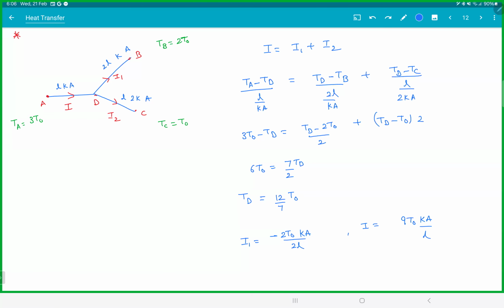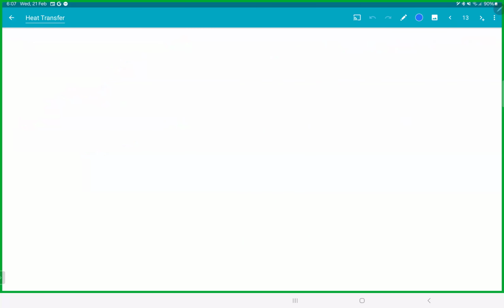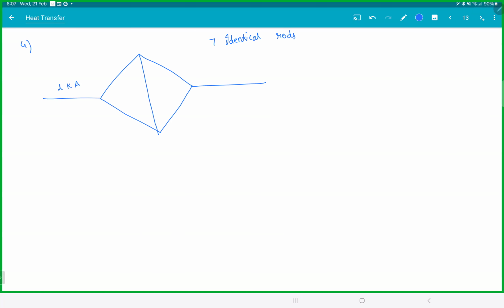Let's see one more. So we have 7 identical rods. All rods are length L, K, and A. This is A. Temperature at A is 2T naught.